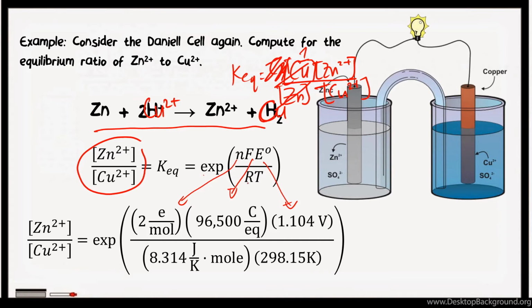And you have 298.15 Kelvin, which is the temperature. We will get the ratio to be a very big number, 2.14 times 10 to the 37. So at equilibrium, there will be 2.14 times 10 to the 37 more zinc ions than your copper ions.